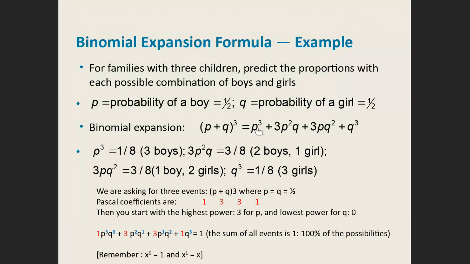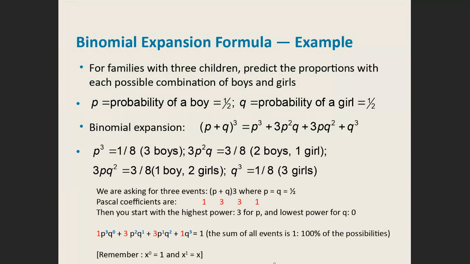In order to know how to do this, no matter what the power, I mean, you can do it if you have 8 kids, okay? You see you have coefficients in this expression, 1, 3, 3, 1. These are called the Pascal coefficients, and they will be the coefficients for every term part of this expression. Once again, 1, 3, 3, 1.